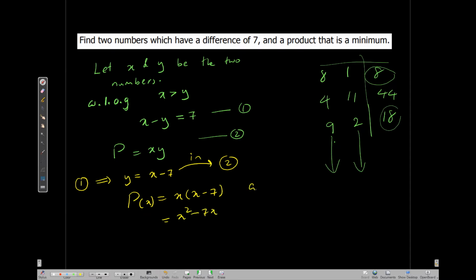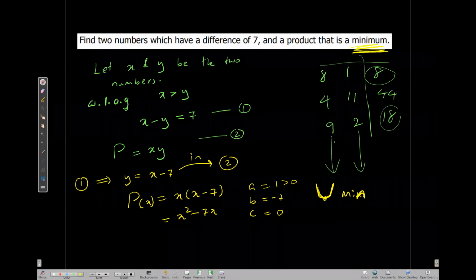And using a, b, c, a is 1, b is negative 7, and c is 0. Now a is positive, because of that I will have an open up parabola, that means this is a minimum, which makes sense. See here, minimum. We are looking for a minimum, so we have a minimum. So how do we get that minimum?